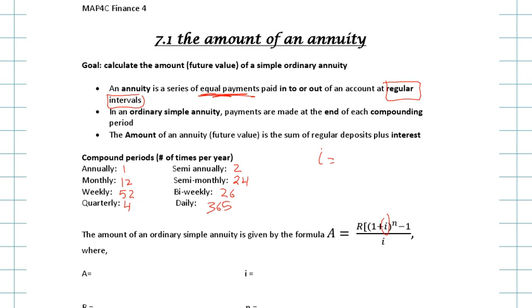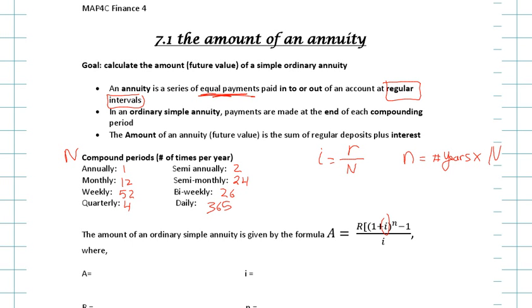You divide your rate by your compounding period, which I'm going to call big N. So it's going to be r divided by big N. And to find n, the small n, you have to multiply the number of years by your compounding period, by big N.